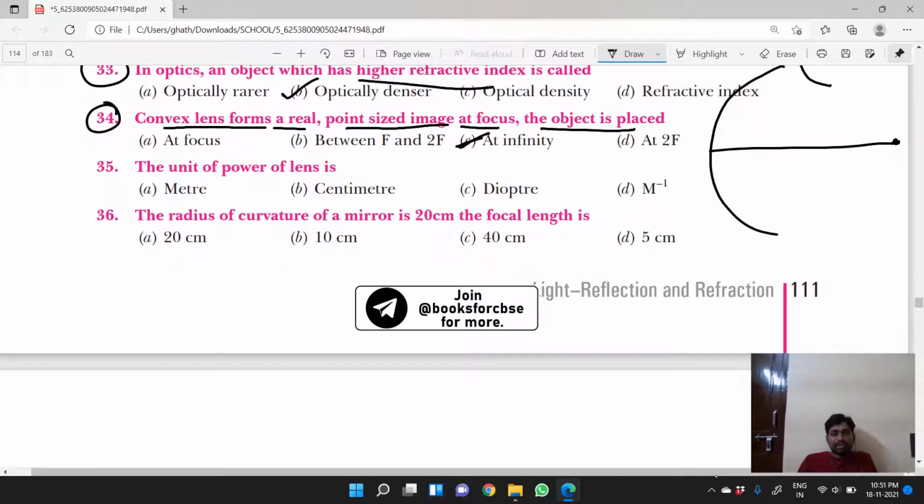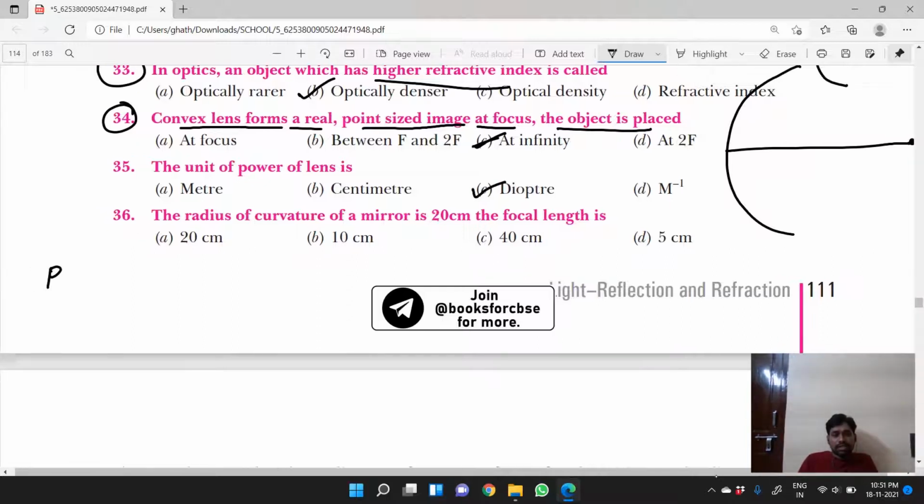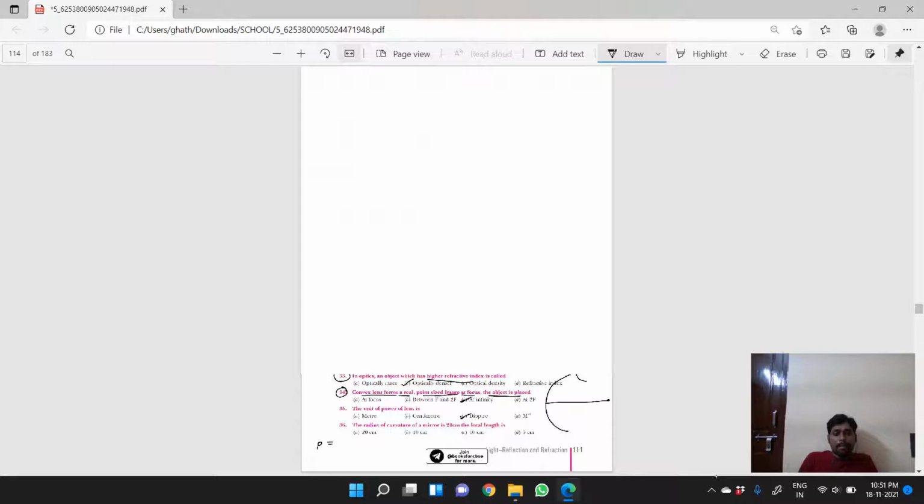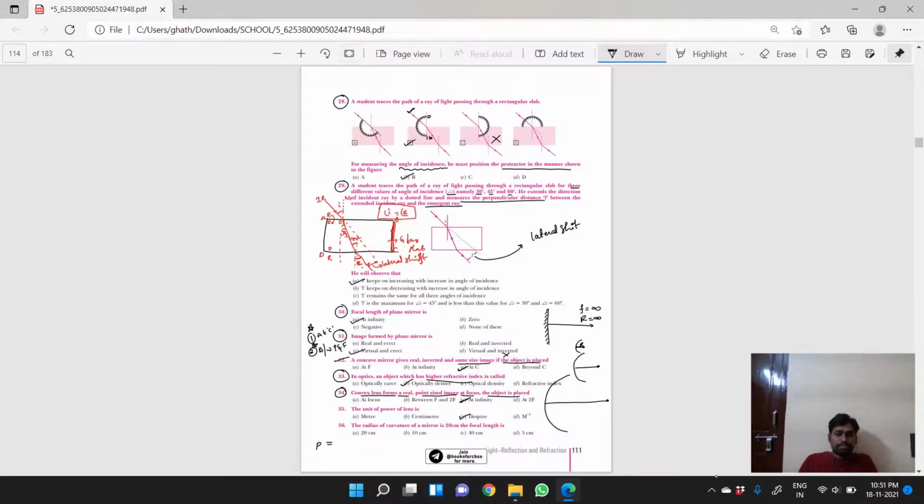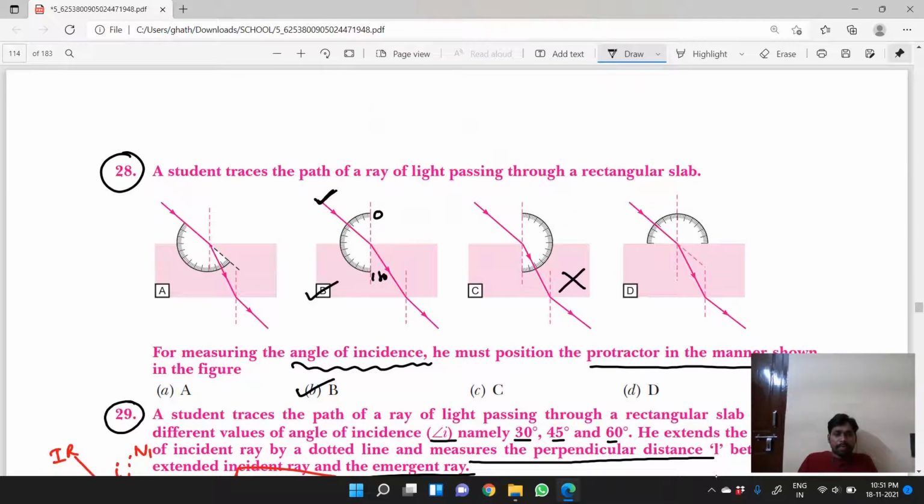Next, the unit of power is. As the concept of power has come, let me explain about power somewhat, then get to the answer for this question. Otherwise, directly I will tell you the power SI unit is diopters. So what is power? Power is the reciprocal of focal length.